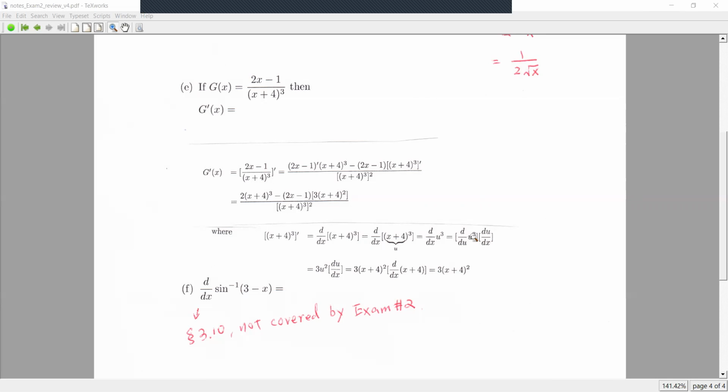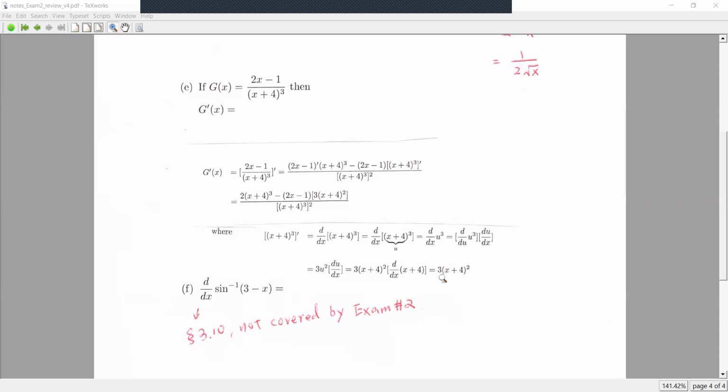Derivative of u to the third with respect to u is 3u squared. Now plug in x plus 4 in the u here, then I have this equation. Derivative of x plus 4 with respect to x is 1.